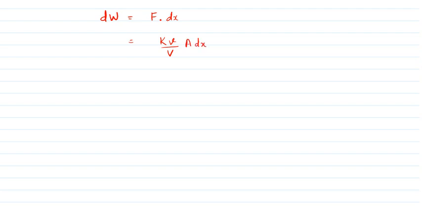And you already know area into displacement, A into dx, will be the volume. So therefore A dx will be dV. Okay, and we will put that value here. So we can write it as K small v over capital V dV, that will be dW. So this is equation number 4.